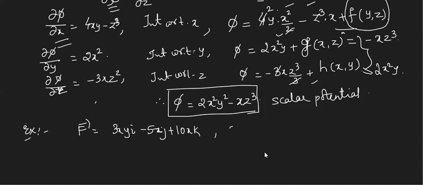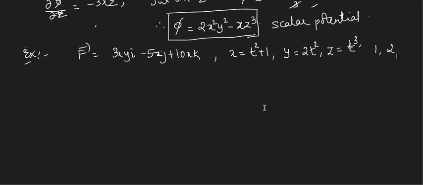What are x, y, z values? x is t square plus 1, y is 2t square, and z is t cube. Limits are 1 to 2. So recall the procedure to get the line integral or work done. It is given by the line integral f dot dr over c.